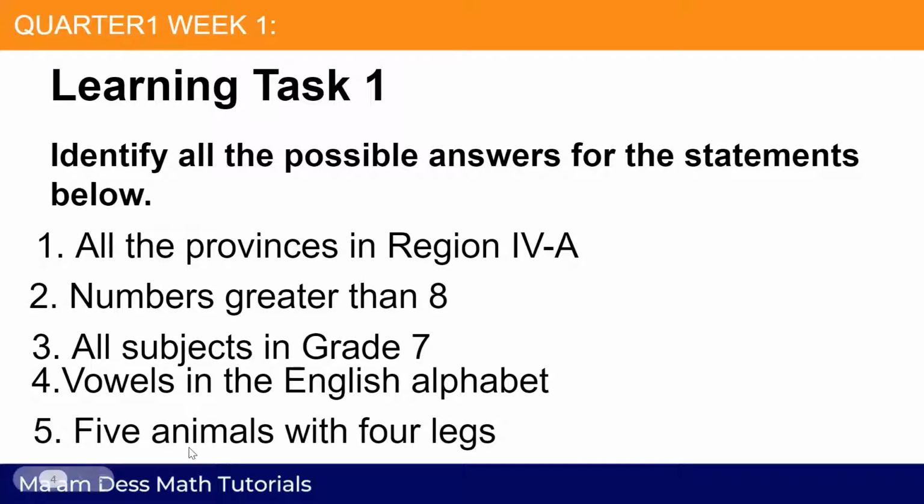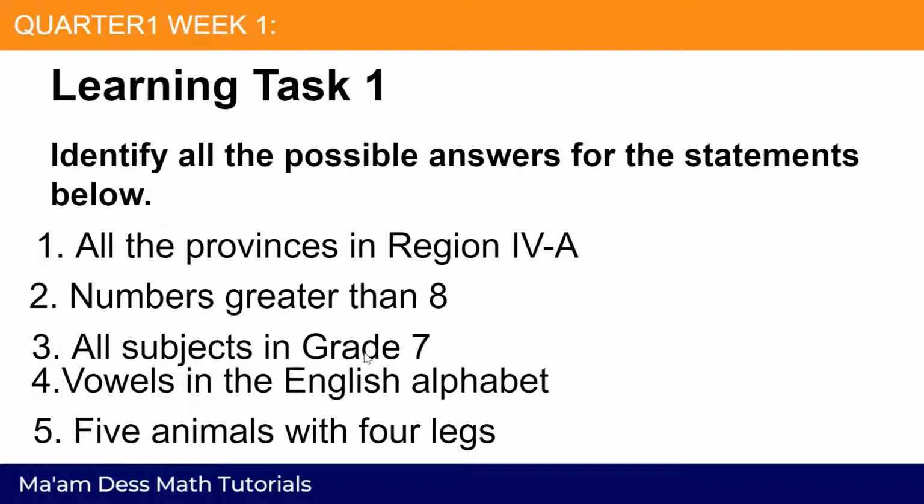Okay, so for example, we have dogs, cats, what else? Cow, and so on. Okay, so from those descriptions or phrases, we can identify all the possible answers from these given phrases.